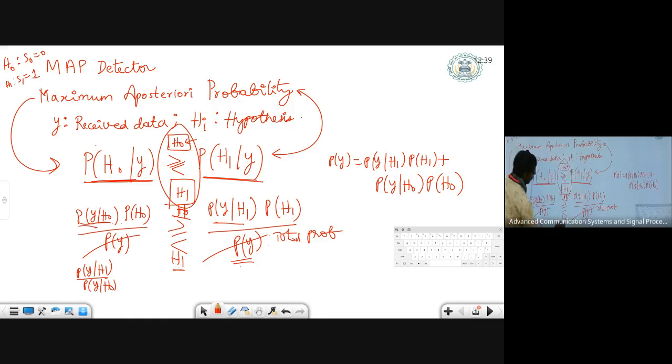Now if I consider this greater sign, if this is greater, then I should take the decision towards h1. If this is smaller, then I should take h0. So this will be pi naught by pi 1. So what it means is, when the left side term is more, I'll take the decision towards h1.